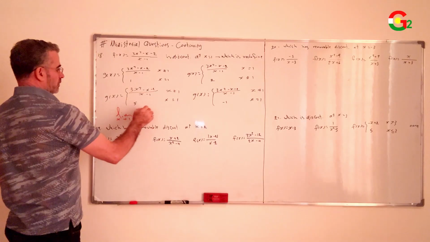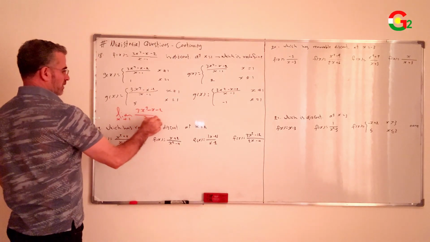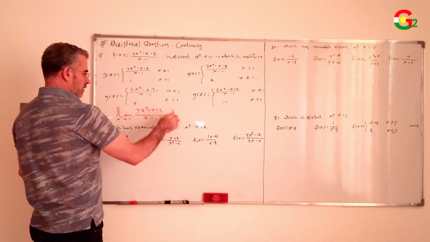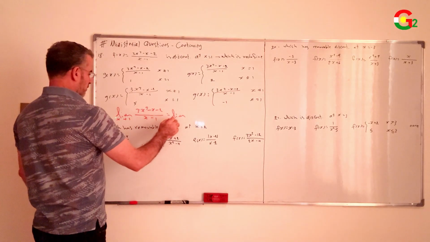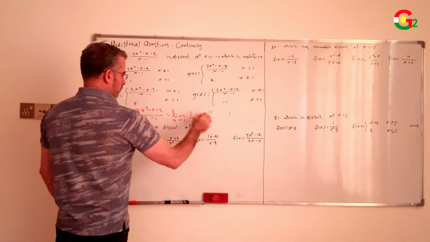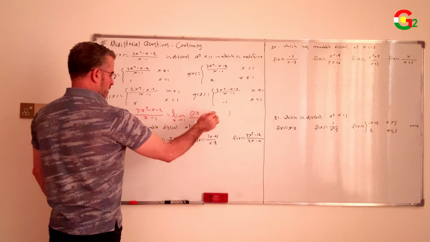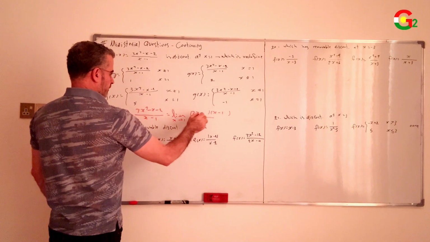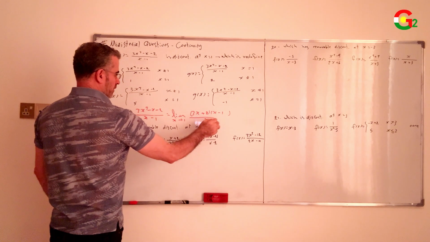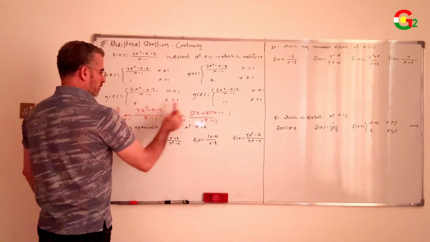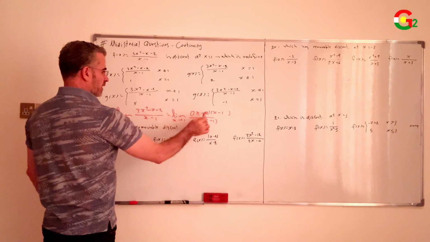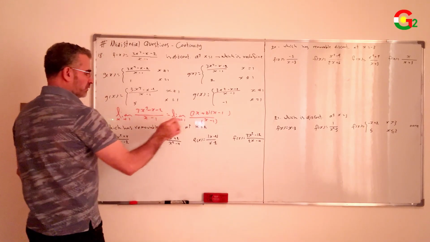Limit of (3x^2 - x - 2) over (x - 1). If we substitute directly, the denominator will be 0. Then we will analyze the numerator by factorization: (3x + 2)(x - 1) over (x - 1). 3x times x, 3x^2, 3x times negative 1, negative 3x plus 2x, negative x, 2 times negative 1, negative 2.